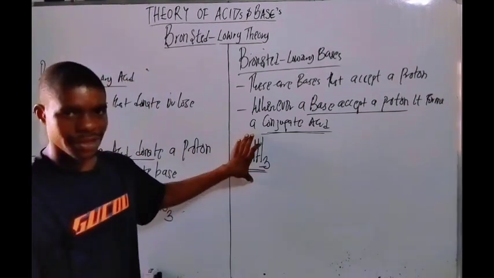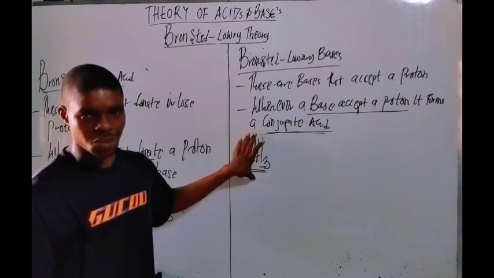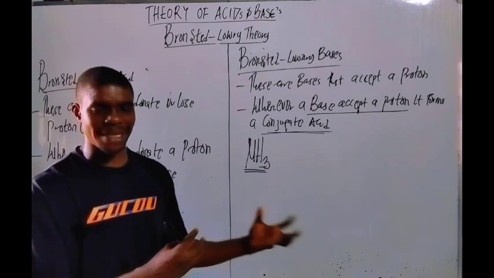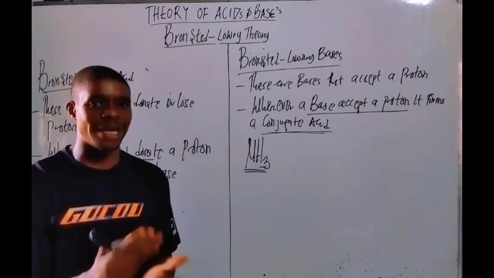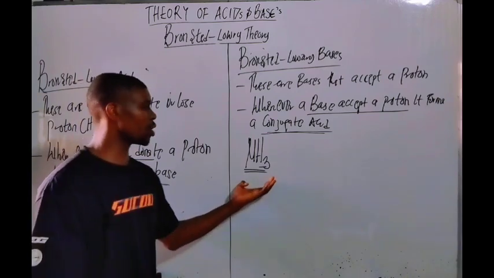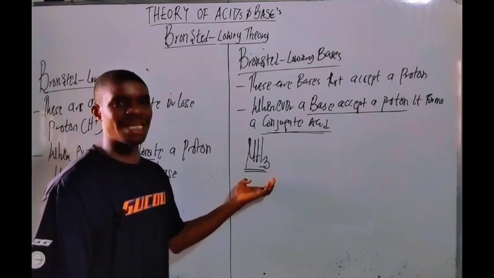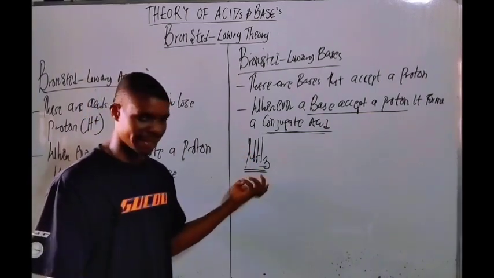In Arrhenius theory, this would not be regarded as a base, because in the Arrhenius concept, a base must have OH. This one is a base, but it does not have OH. So in the Arrhenius concept, this is not regarded as a base, but in the Bronsted-Lowry concept, it is regarded as a base.